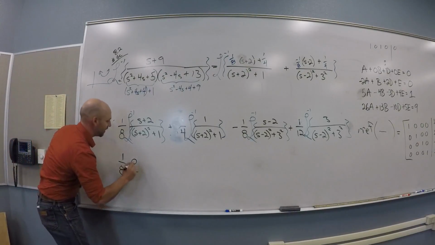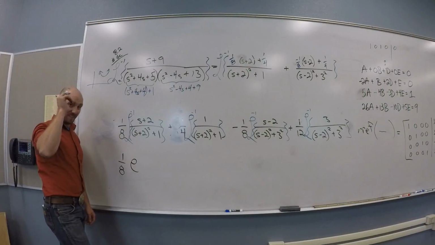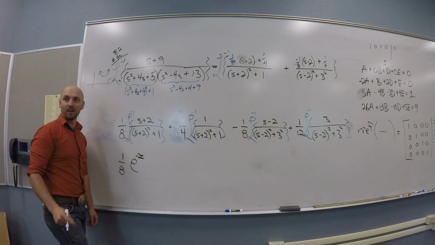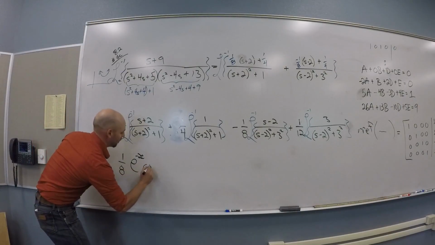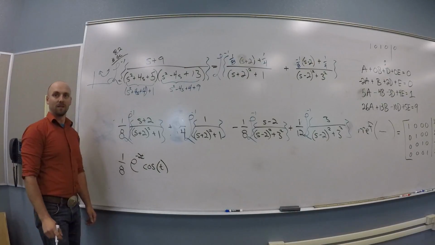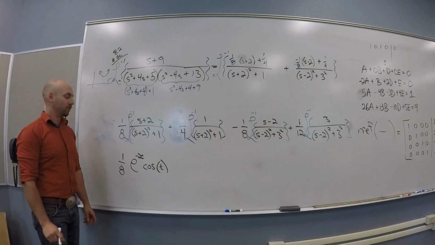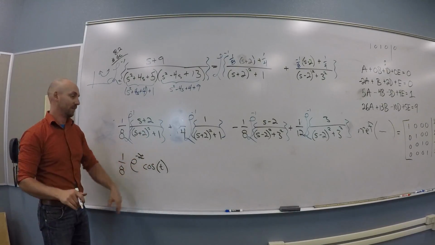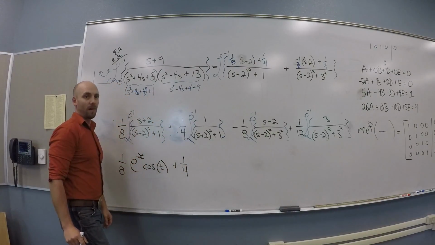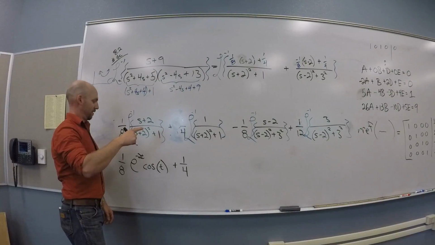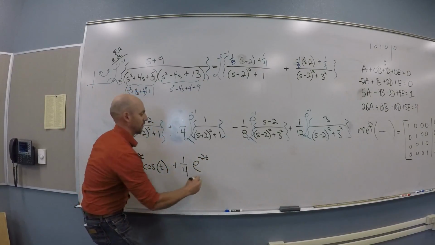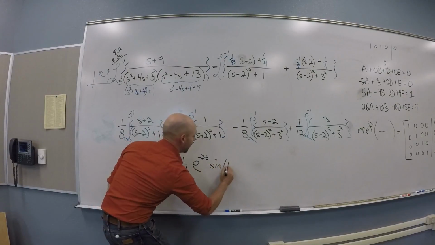There's an e to the minus 2t and a cosine of t. Really, that's cosine of 1t, right? And then your next thing, you got a quarter, and that's e to the minus 2t, sine of t.